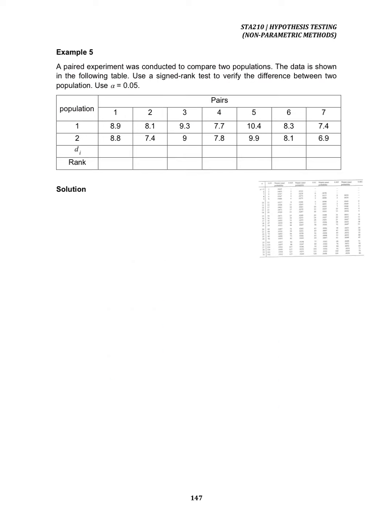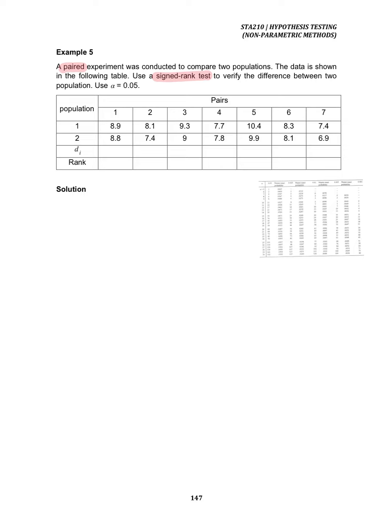Okay, now look at example 5. A paired experiment was conducted to compare the two populations. The data is shown in the following table. So it has been mentioned here, it was the paired sample. Use a sign rank test to verify the difference between the two populations.